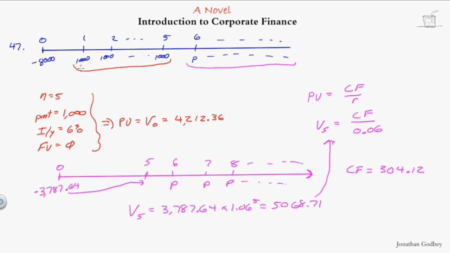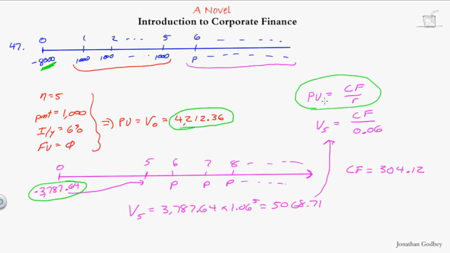I'm willing to pay $8,000 to get both sets of cash flows. I can find the value of the first set of cash flows is roughly $4,200, which means the value of the other set of cash flows is $3,700. That's the value today. Okay, but those cash flows start in year 6, they go forever. I know this is a formula for a perpetuity.